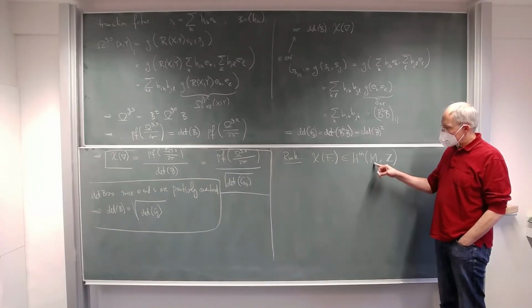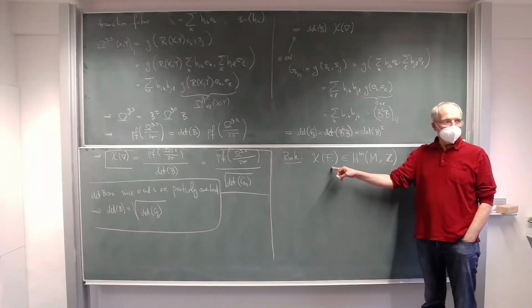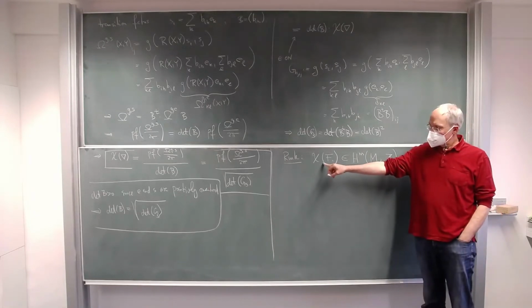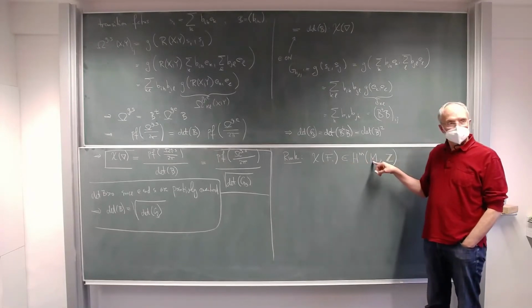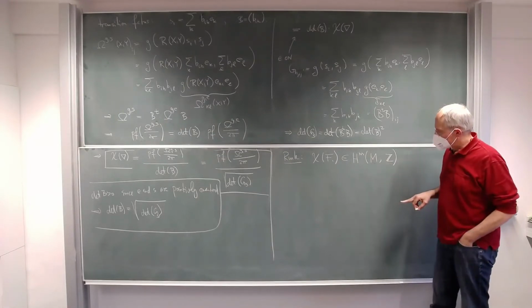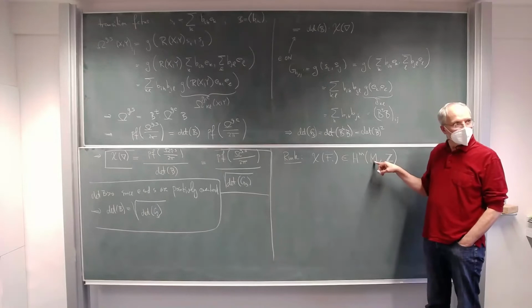If the manifold is a compact manifold, that's actually a consequence of the Gauss-Bonnet theorem. Because by the Gauss-Bonnet theorem, if you integrate this over the fundamental cycle of M, then this will give you an integer, namely the Euler number. And if you have a compact, connected, oriented manifold M, then the fundamental cycle generates this integral homology.